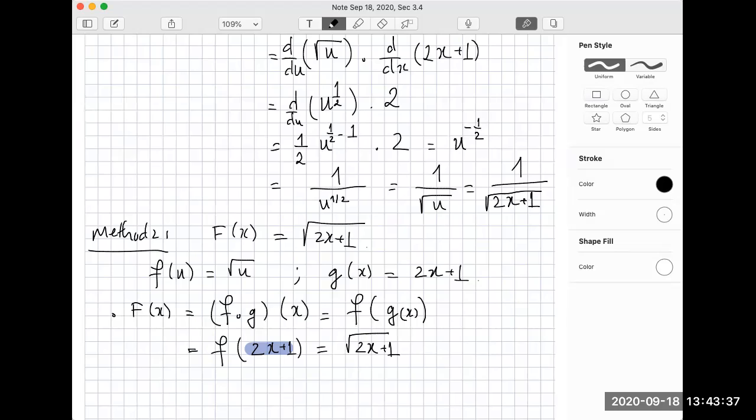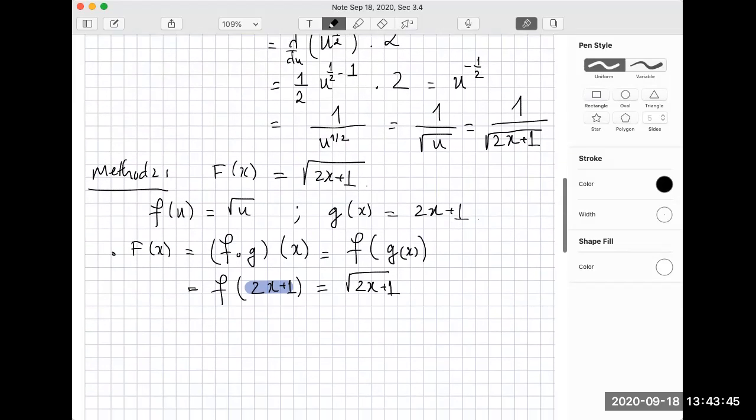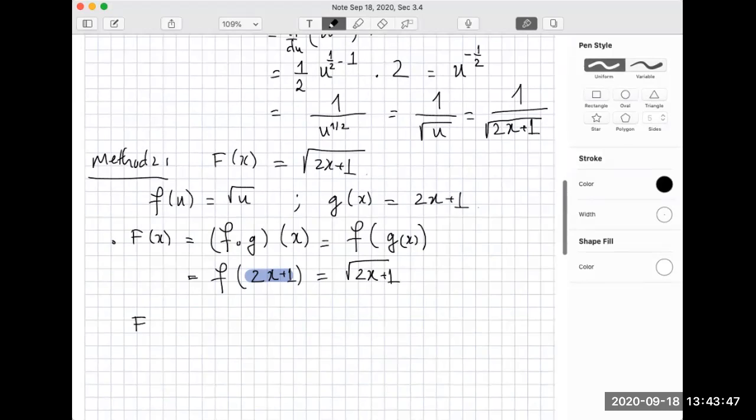It is capital F of x, right? They are the same thing. Then apply the chain rule. It says that F prime of x is f prime of g of x times g prime of x, right? From the rule, just rewrite it.